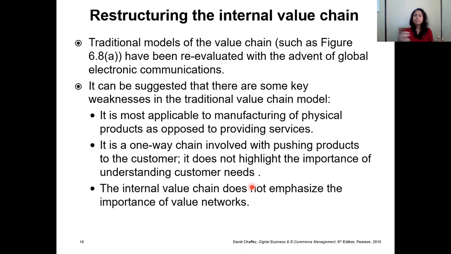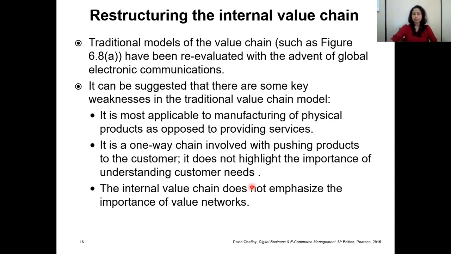This kind of chain of activities does not focus attention on the backward integration of the processes. That means how we are going to integrate the needs and the demands of the consumers to our value chain activities. That part is not highlighted through this traditional value chain model, right? So that is also another drawback of this model.